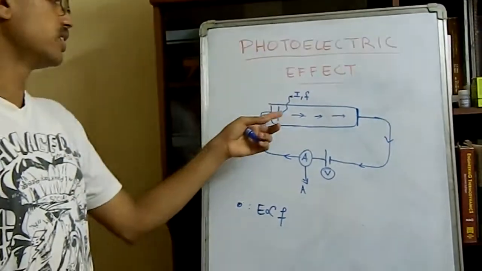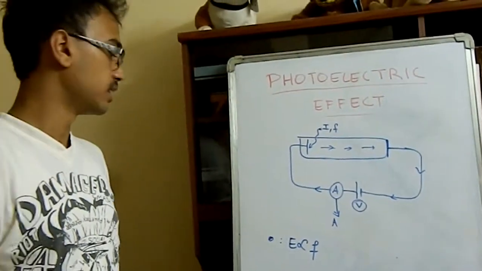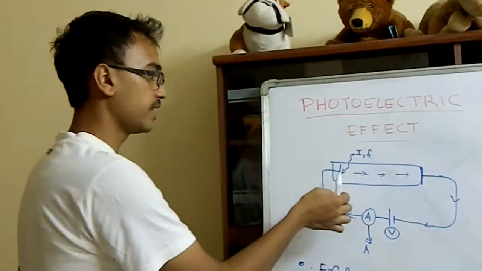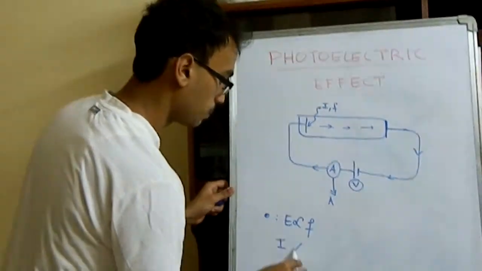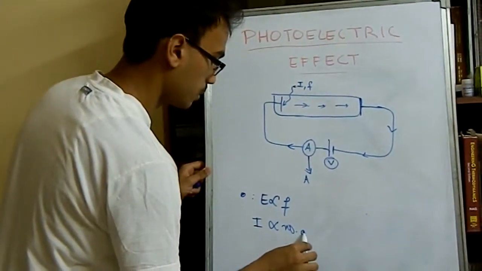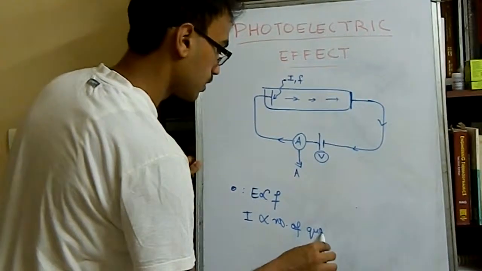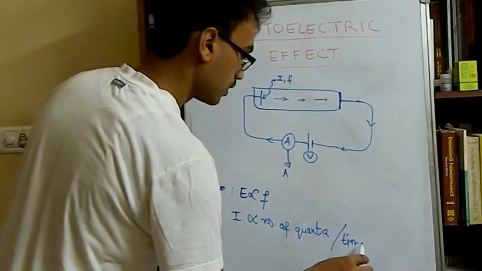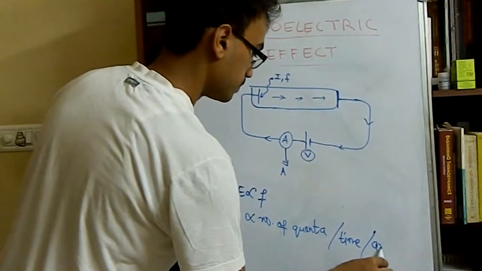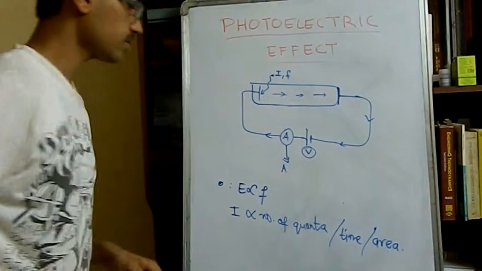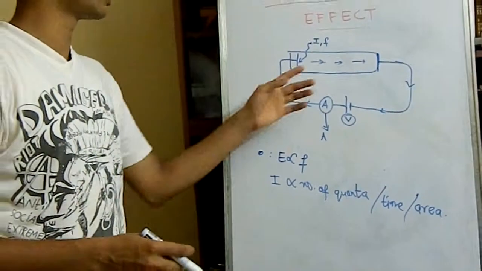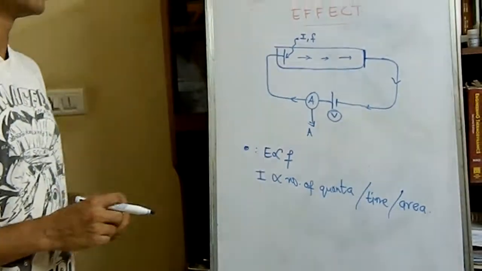The more the intensity of the radiation, the more quanta there are in the radiation. So the intensity is proportional to the number of quanta per unit time per unit area. We'll see how Einstein's theory is able to explain the photoelectric effect observations.